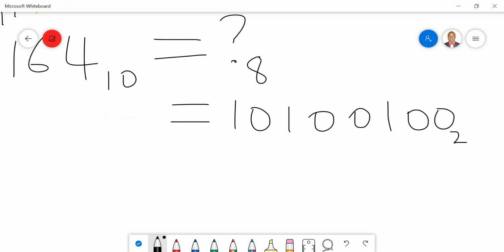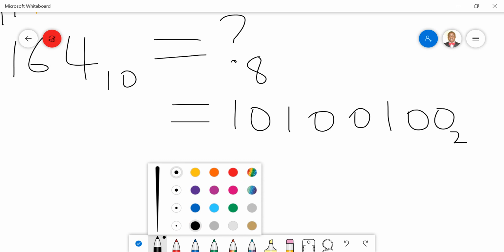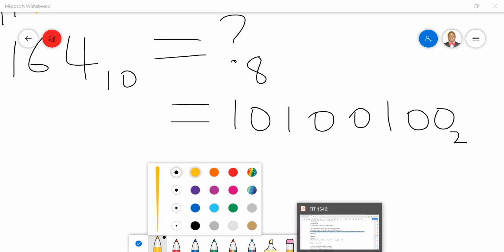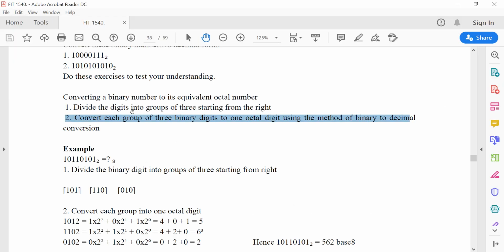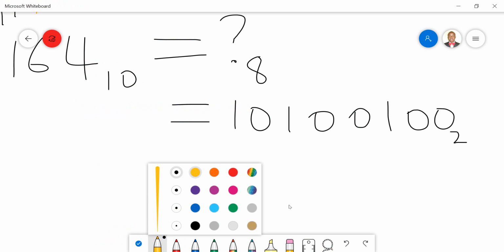First, we must group these binary digits in groups of 3 starting from the right. Remember always to divide into groups of 3 starting from the right.